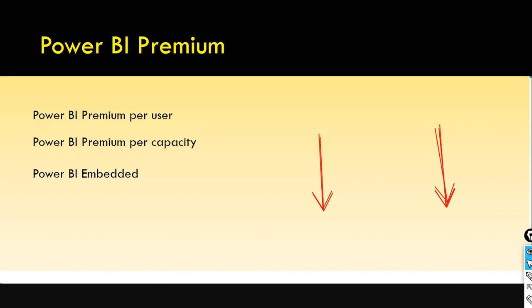Instead of saying Premium per capacity, we can say it's a dedicated license, Premium per dedicated resources. We can say it that way also.